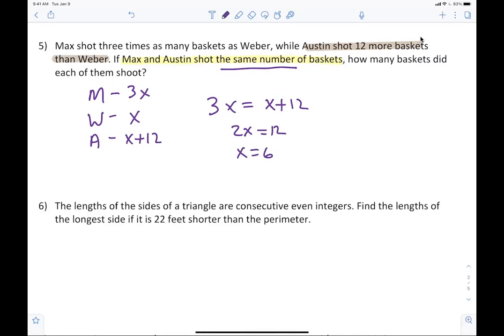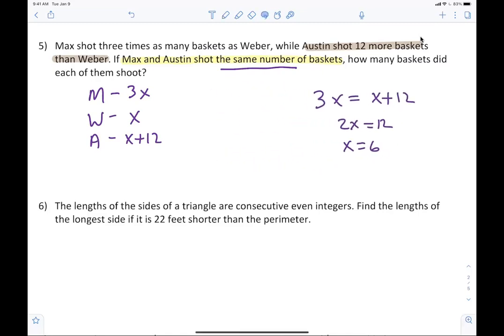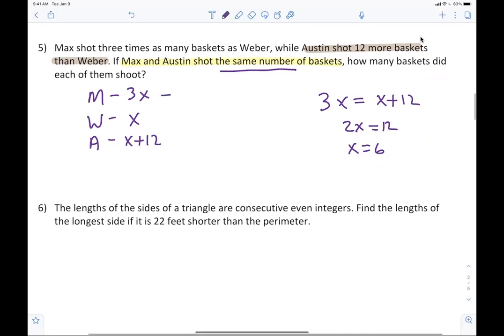So now I know that x equals 6. How many baskets did each person shoot? So now you would say Max shot how many? 18 is Max. And Weber is how much? And Austin is how much? 18. All right, those are your answers.